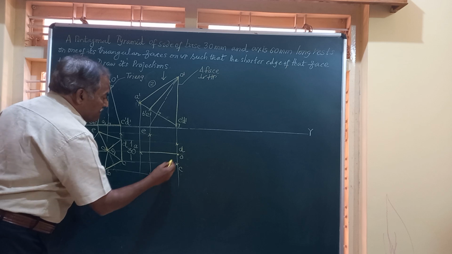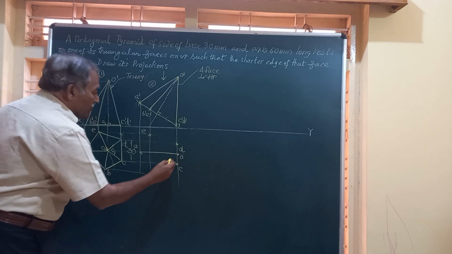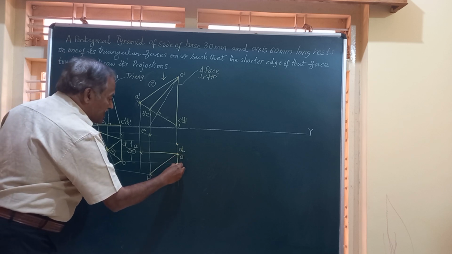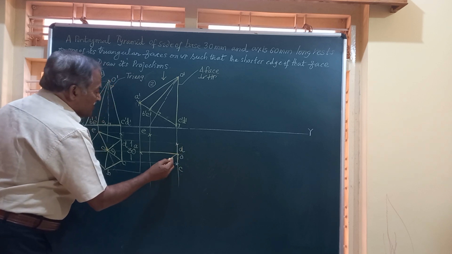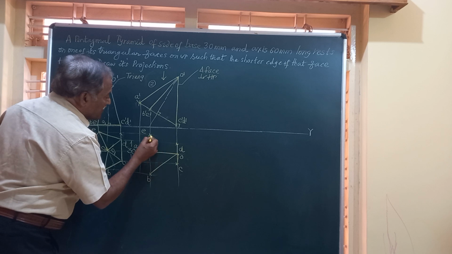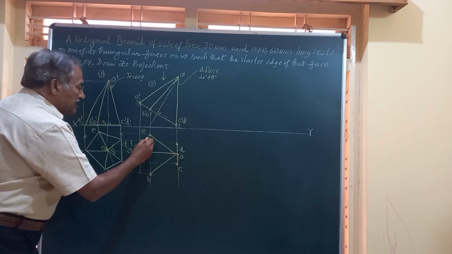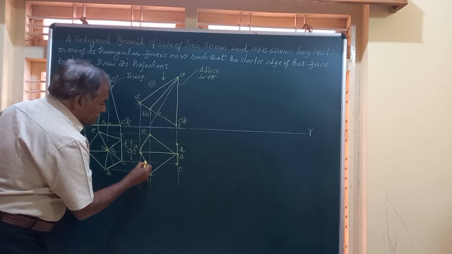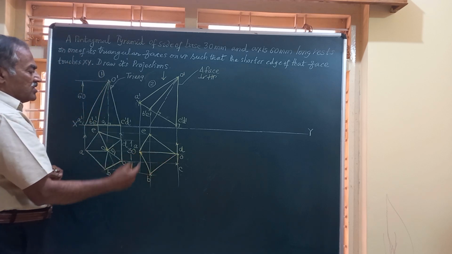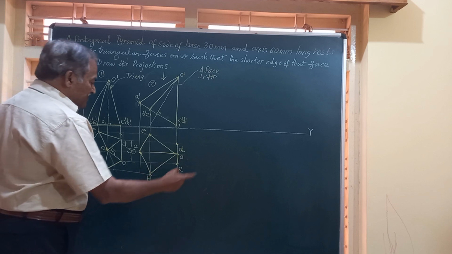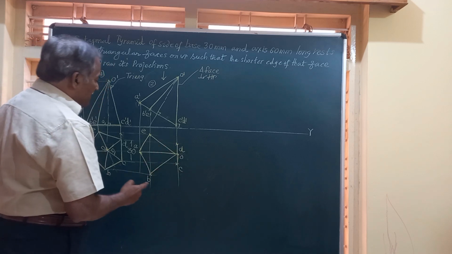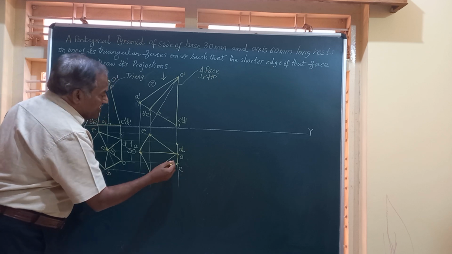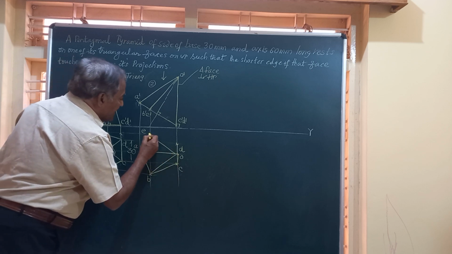Join O to A, then you have to join O to B by a straight line, O to C, O to D, then O to E, then E to A, then A to B. So O is joined to all the 5 corners. Then here in the base, friends, you have got A, B, C, D. A to B I have joined, B to C I should join, then D to E I should join.